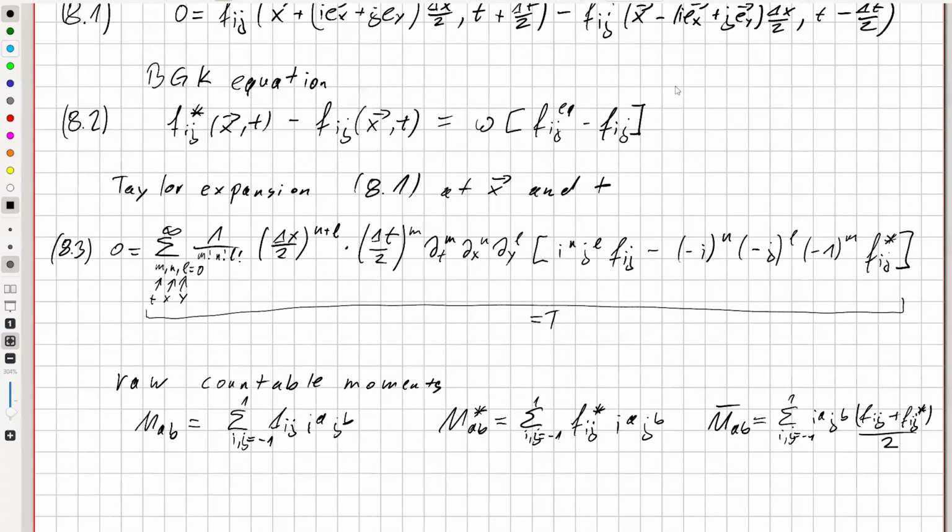One more thing that we need to define, namely the collision moment, omega_ab. The collision moment is the sum over ij from minus 1 to 1, and now it's just the difference between the two, times i to the power of a and j to the power of b.